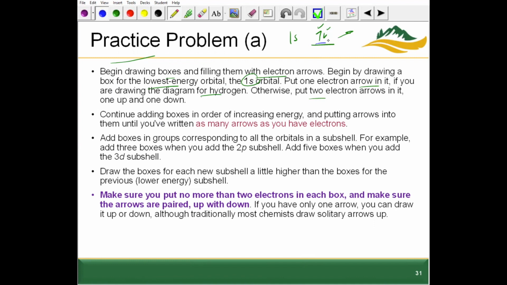We're going to continue adding boxes and doing this up for however many electrons we have, where each arrow represents 1 electron. For each of the p orbitals, we're going to have 3 boxes for px, py, pz. For the d orbitals, we're going to have 5 boxes for the 5 different shapes or orientations of those d orbitals.